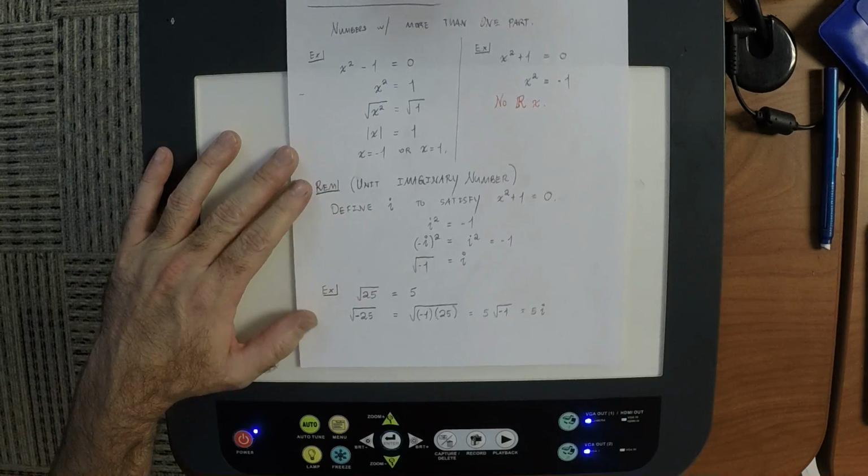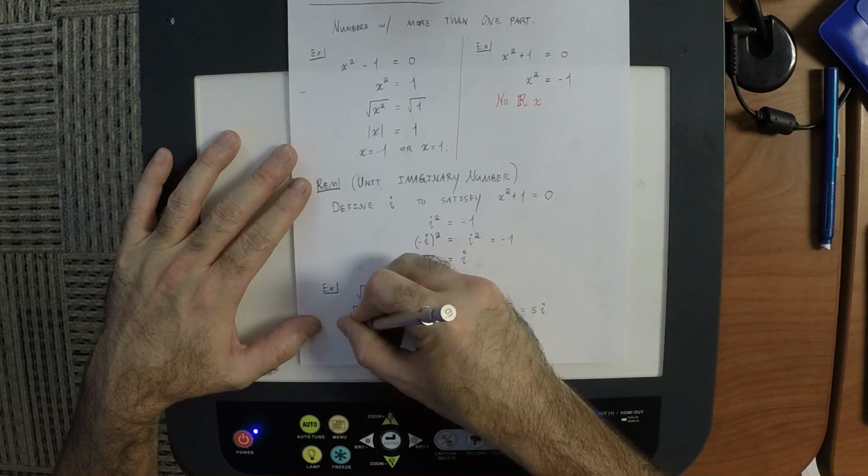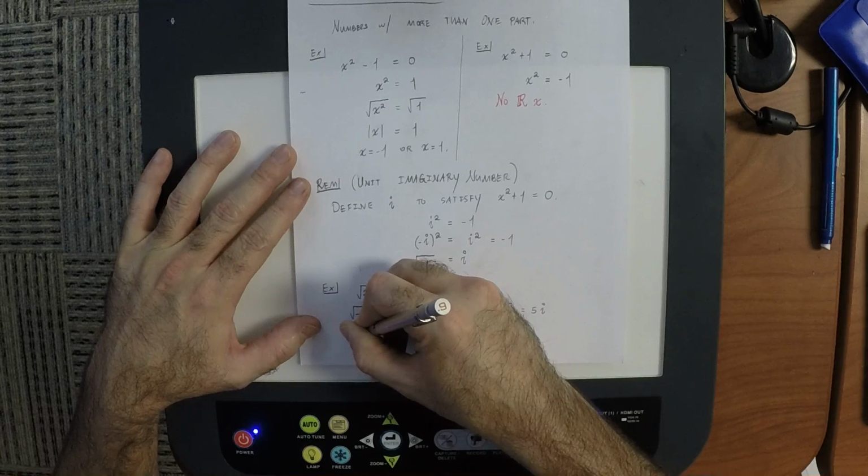Okay. What if I were to ask, what is the square root of negative 27?